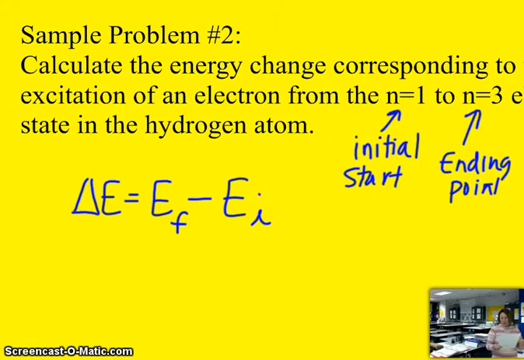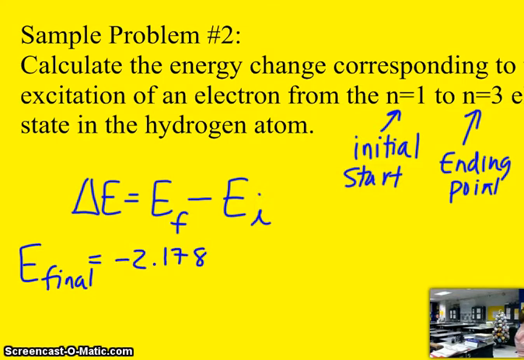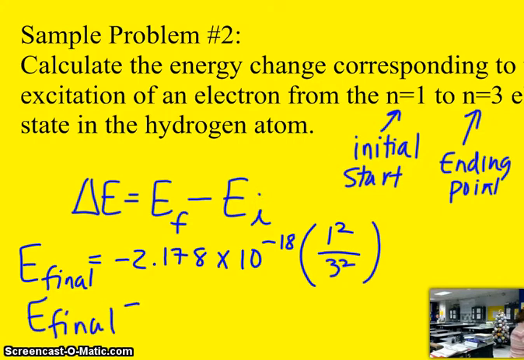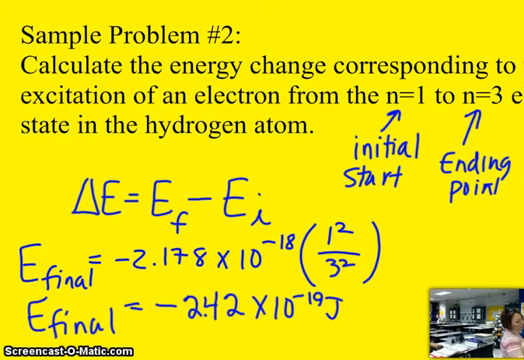We can calculate them separately and then subtract them. Our energy of the final state equals negative 2.178 times 10 to the negative 18th, 1 squared over 3 squared. That's what we just did, so the energy of our final state is negative 2.42 times 10 to the negative 19th joules.